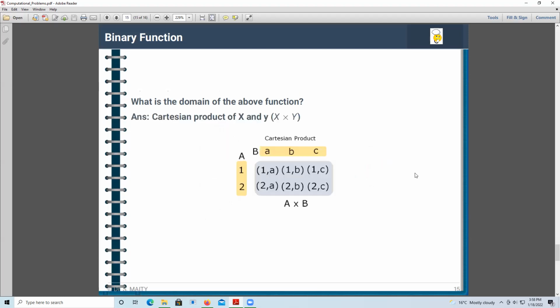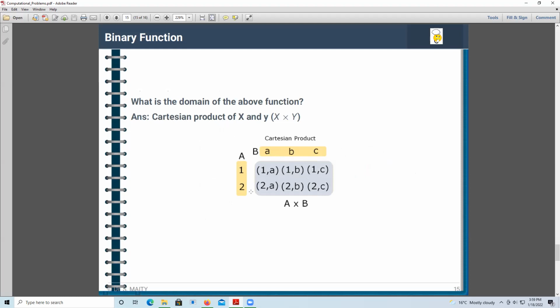Those who have forgotten what a Cartesian product is, this is a quick recap. You can just look at the figure. There are two sets, A and B. A consists of two integer values, 1 and 2. B consists of 3 characters, A, B, C. So the Cartesian product is in this way. There are 6 elements, so there are 6 ordered pairs.